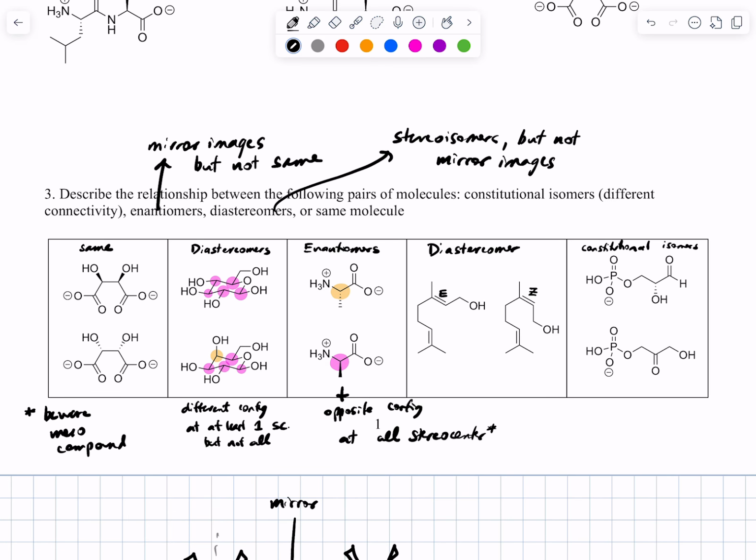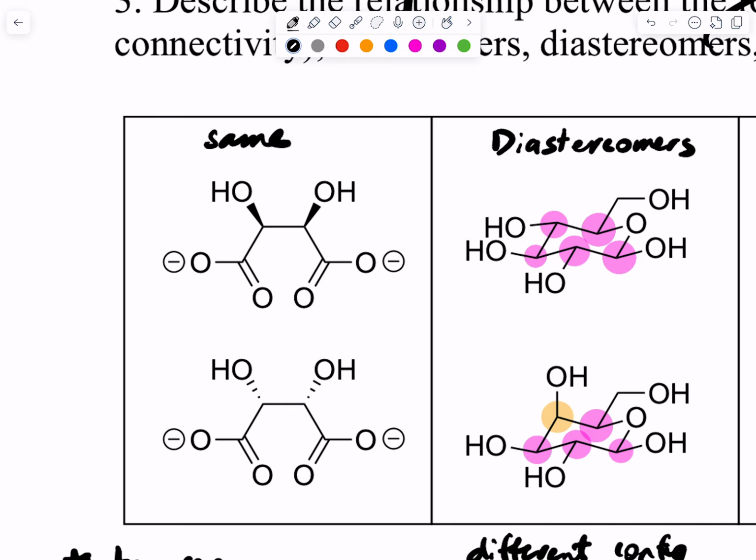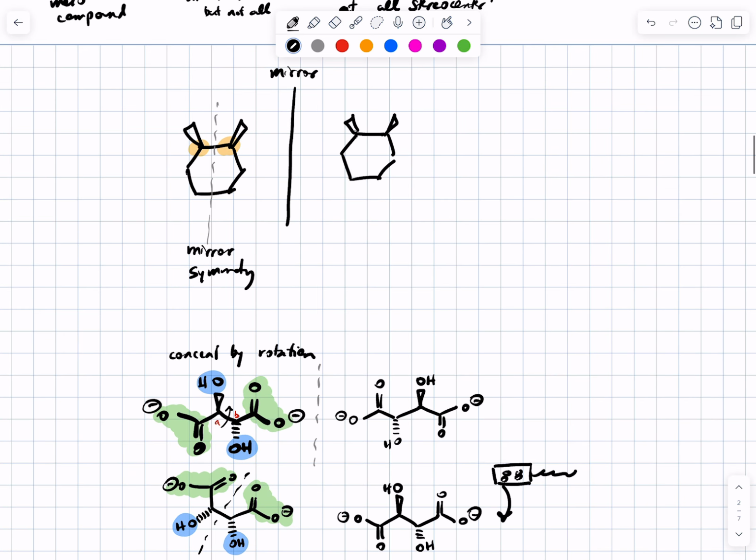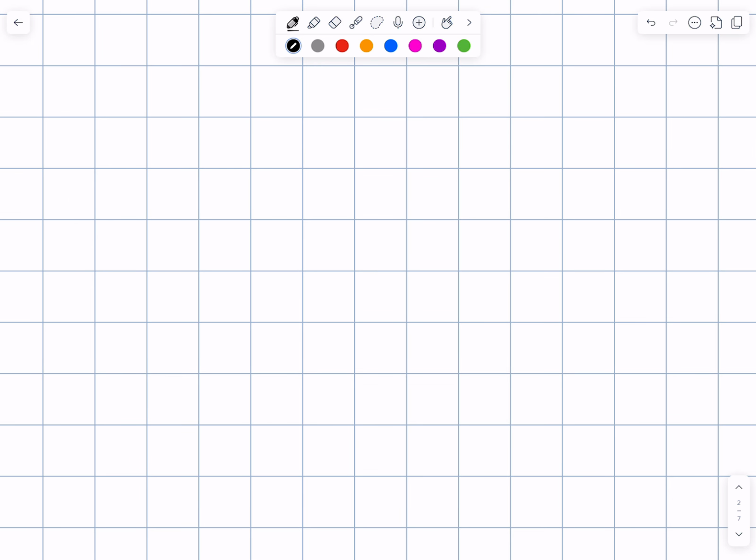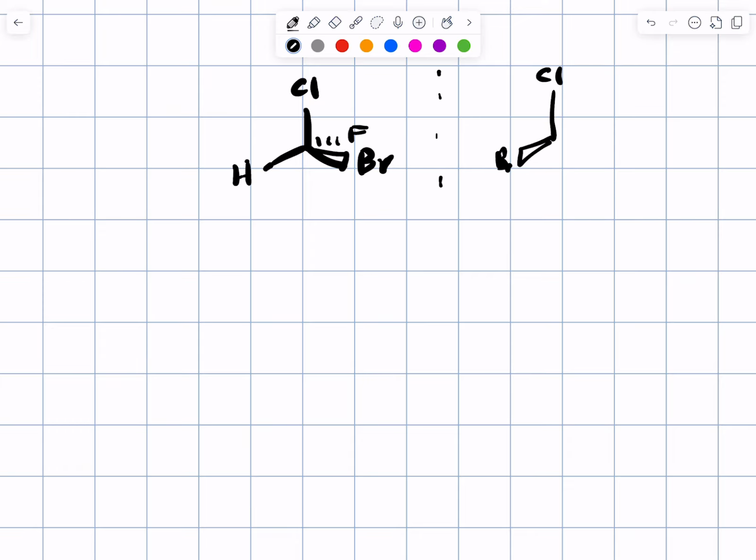Sorry, what is the difference between the pancake flip and the mirror image? For a molecule like this, the mirror image is to draw everything on the right of the mirror as a reflection of what's on the left of the mirror.